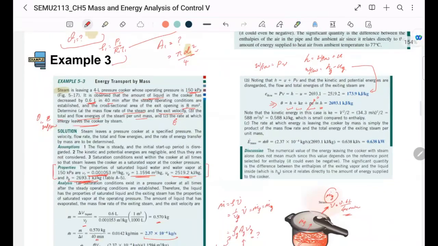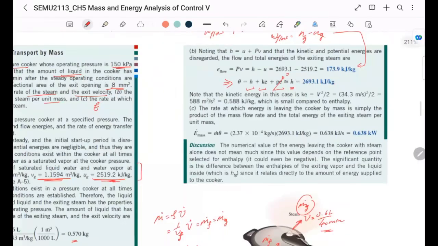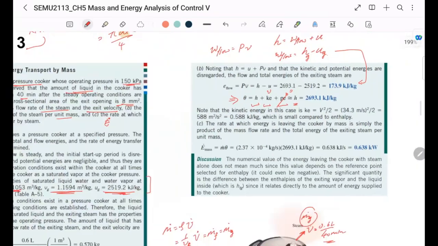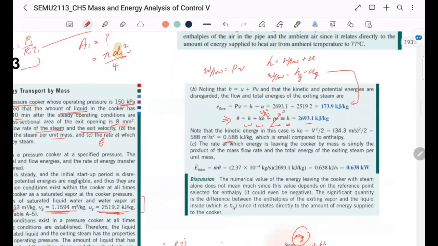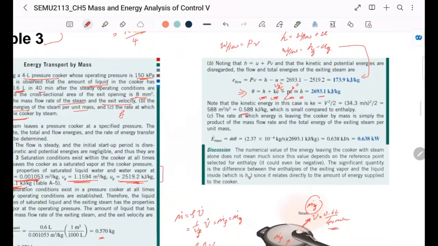So kinetic energy can be V G squared over 2, and then you get an additional 0.588 added to this. For me, I will just include that in, since we know that it's always enthalpy plus kinetic energy plus potential energy.